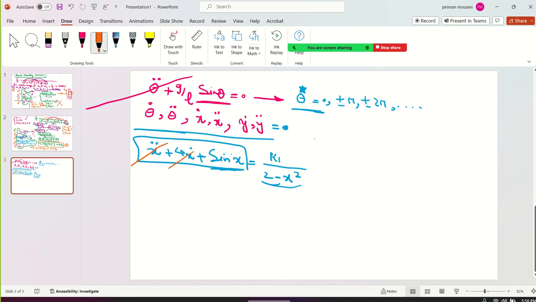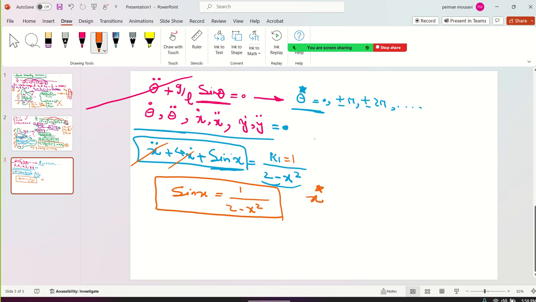Now you have to solve sine of x is equal to, suppose k1 is 1, 1, 2 minus x2. You have to solve this equation for the equilibrium points, x star. I'm giving you hints because I want to make you an expert of MATLAB. How to solve in MATLAB for x here, this equation, I'm giving you the hint, is the fsolve command. Go to the MATLAB help and find it.